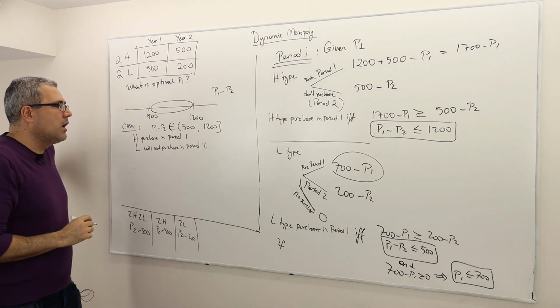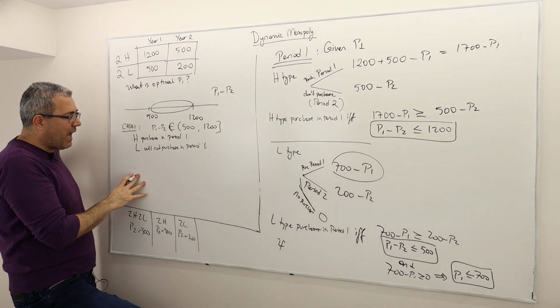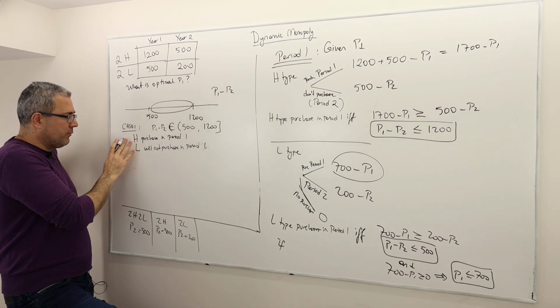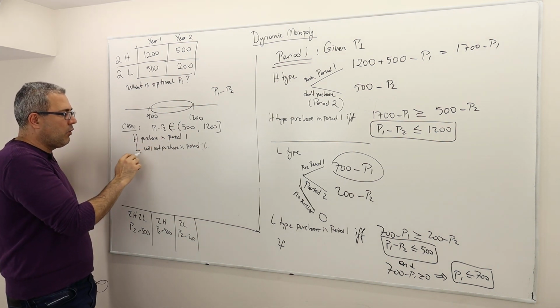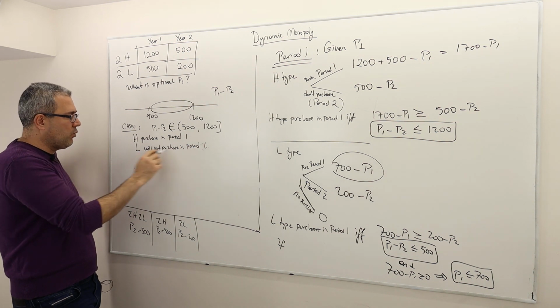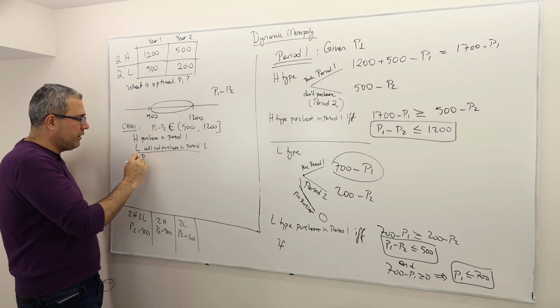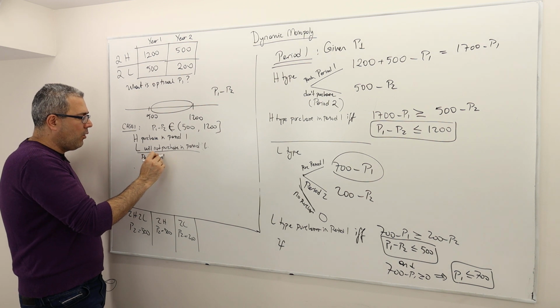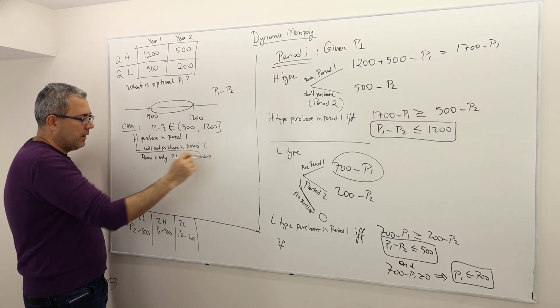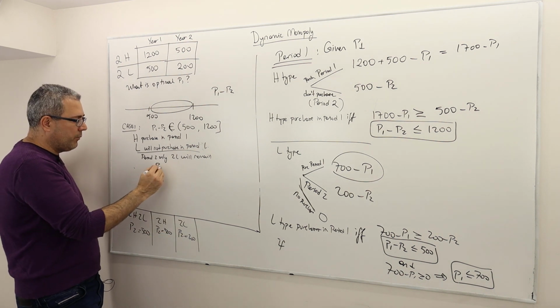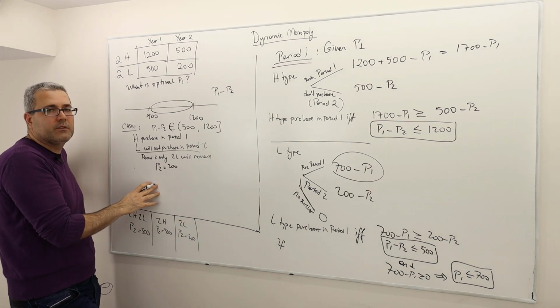Okay, so good. Well, then what? What happens, so here, be careful. The high types purchase in period 1, low types will not purchase in period 1. So in period 2, only 2L will remain. In which case, I know that the optimal price must be 200.